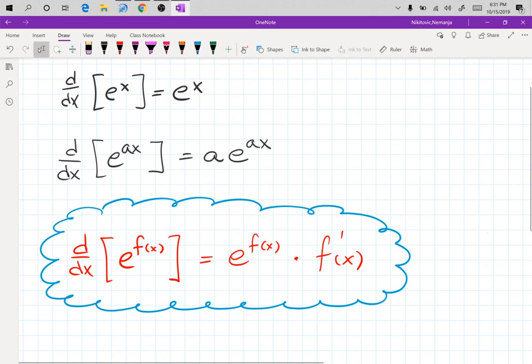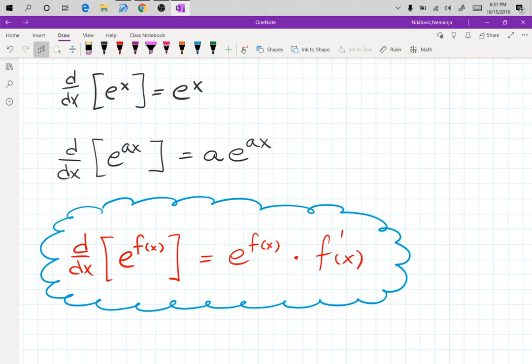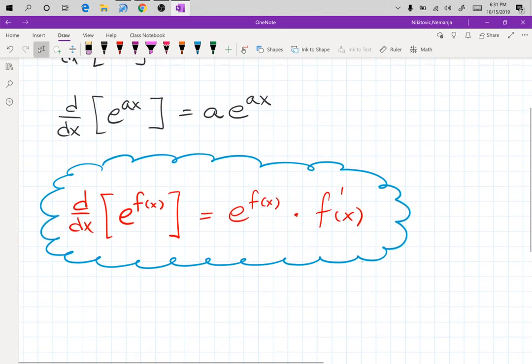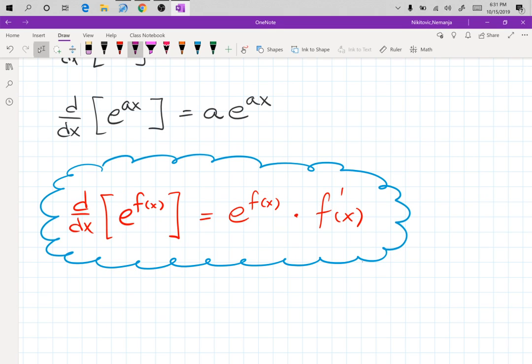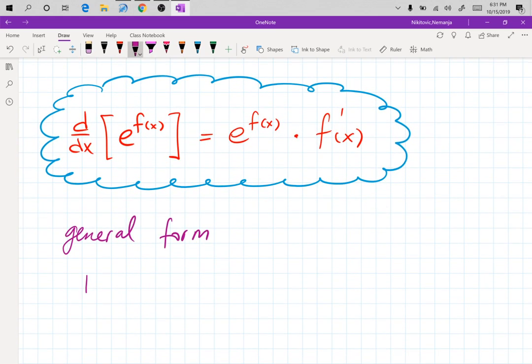And if you consider exponential functions, you also know that your base doesn't need to be e. Could be 2 to the sine x, could be 4 to the tangent x, and so on. So the general form, which you are not going to see pretty much at all, is given by the derivative of b to a function.